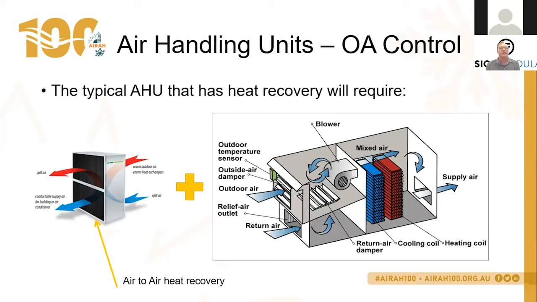And so you have improved temperature and humidity conditions on your outside air. You can either use sensible or sensible and latent heat recovery ventilators, and you have to achieve a certain level of effectiveness of those ventilators to then attach to the air handling unit.